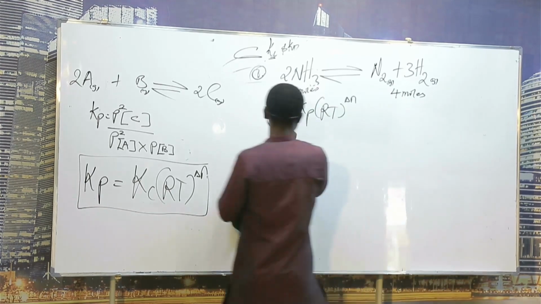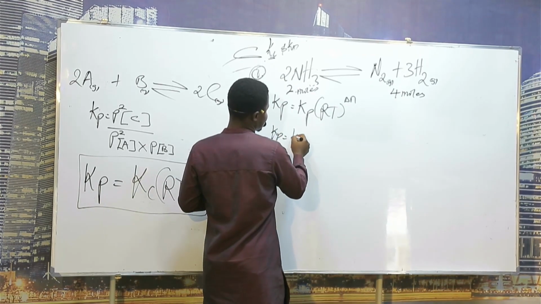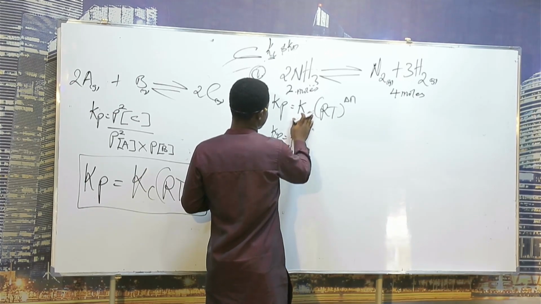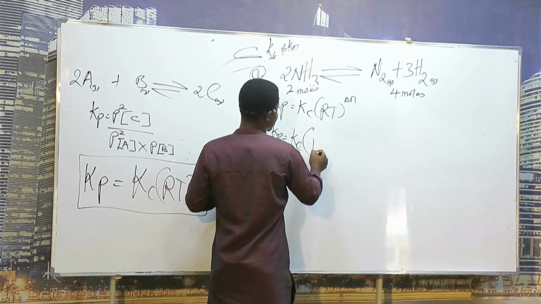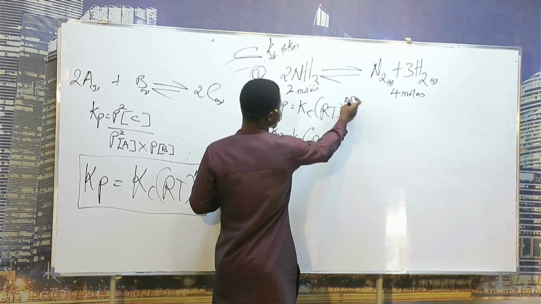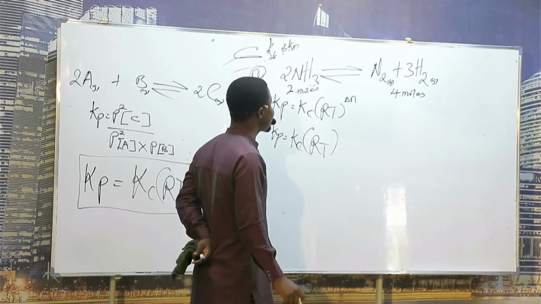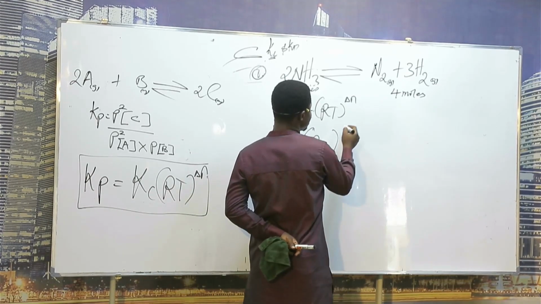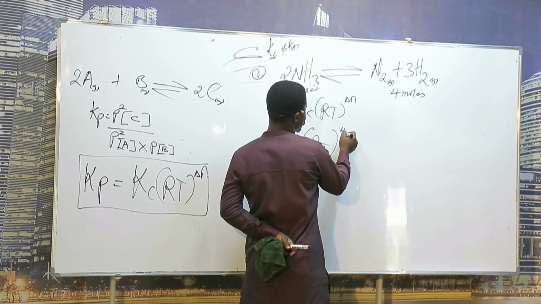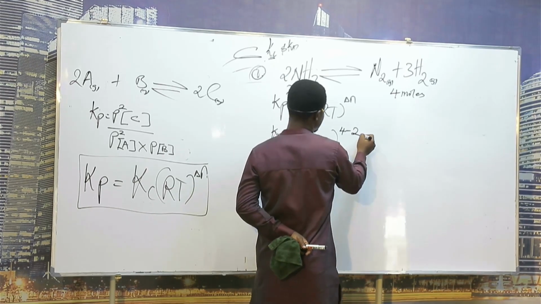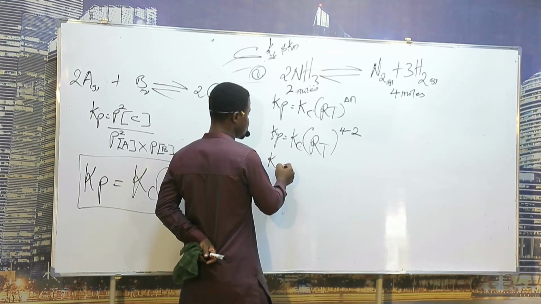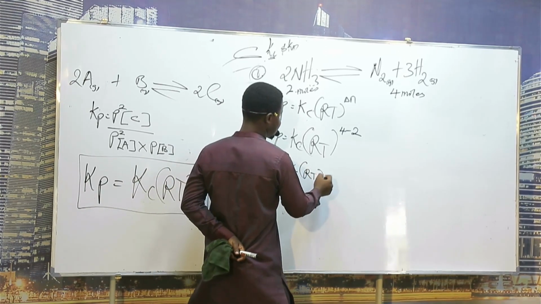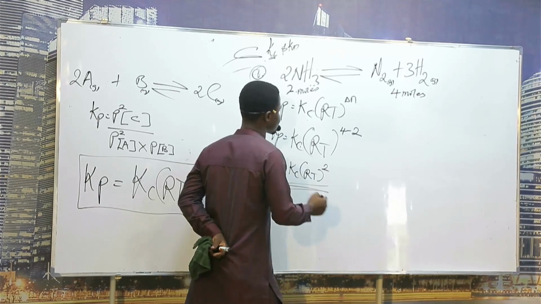So Kp equals Kc (RT) to the power change in number of moles, which is 4 minus 2, giving 2.